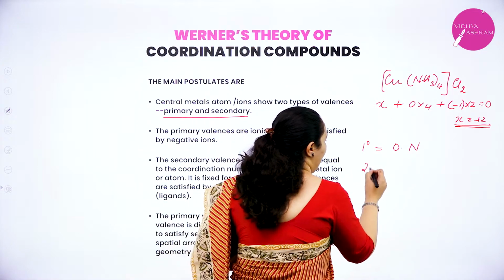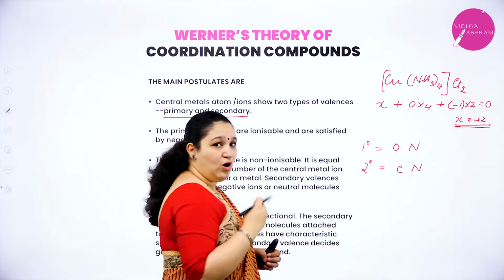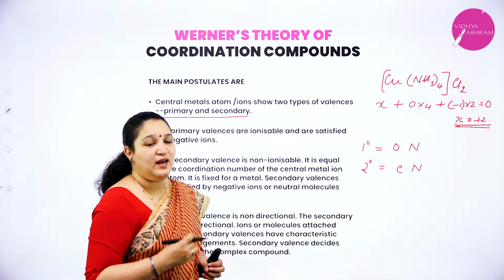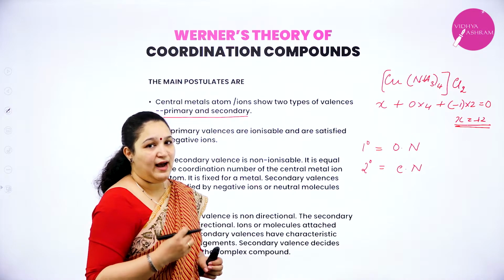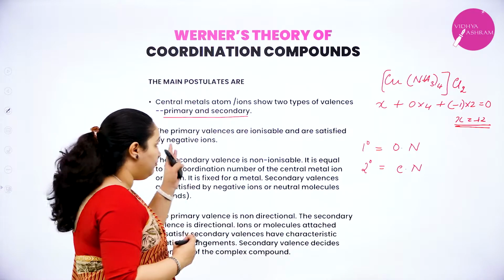So, secondary valency is the coordination number, or the number of coordinate bonds around the metal ion. We will see further.